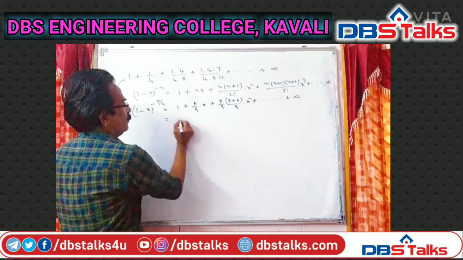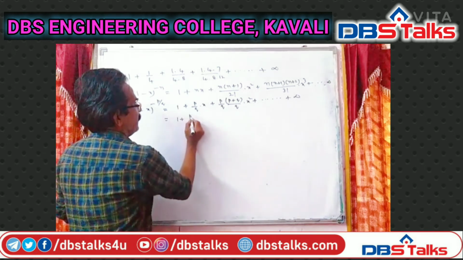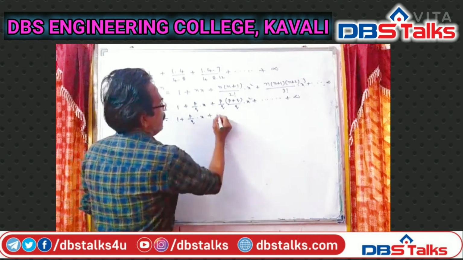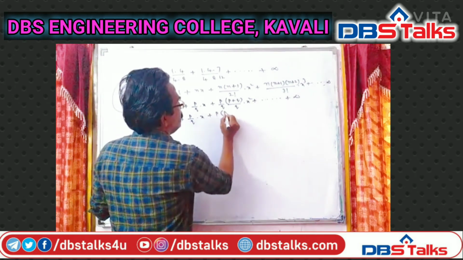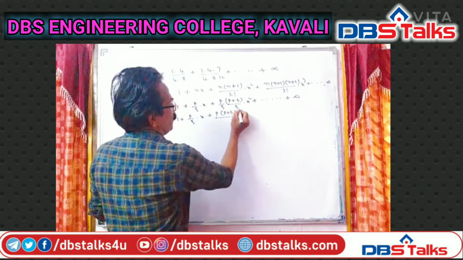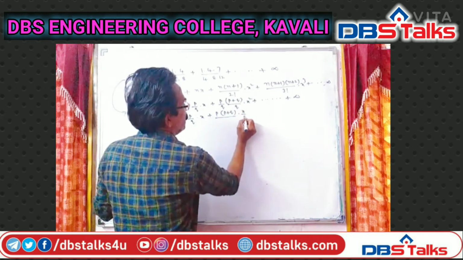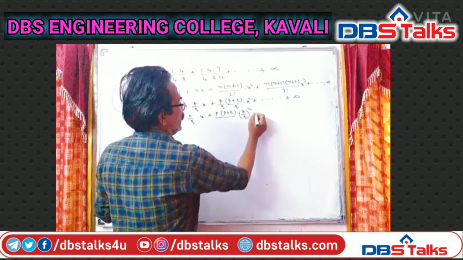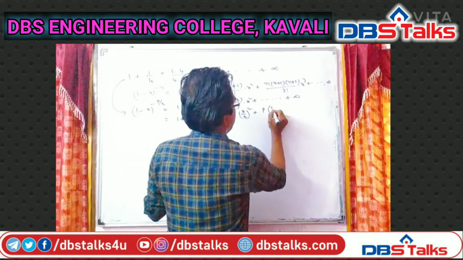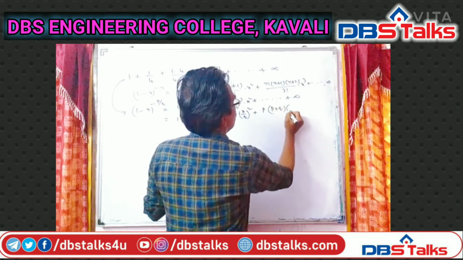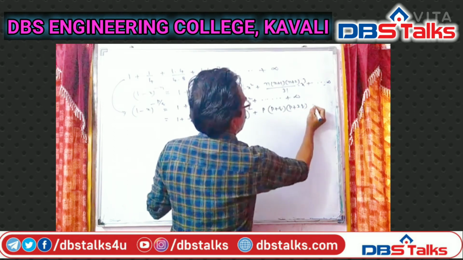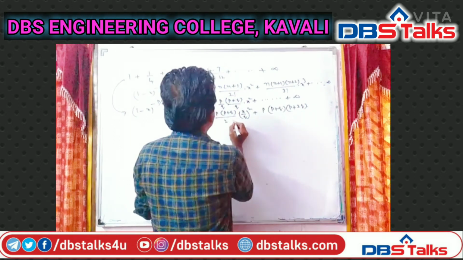This is equal to 1 plus p by q into x plus p into p plus q by q square into x square, and the next term will be p into p plus q into p plus 2q by 2 factorial, friends.